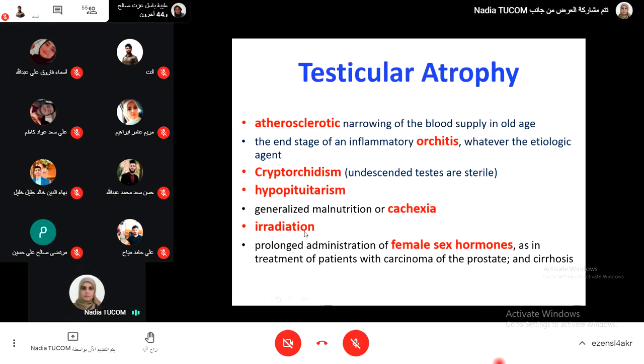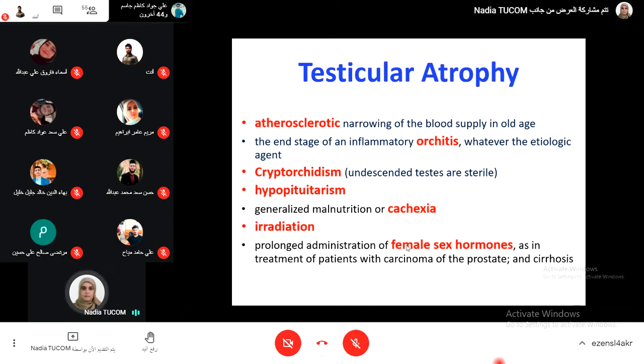Radiation to the pelvis is also a risk factor. And prolonged administration of female sex hormone for treatment of prostatic cancer and cirrhosis can counteract testicular function and result in testicular atrophy.